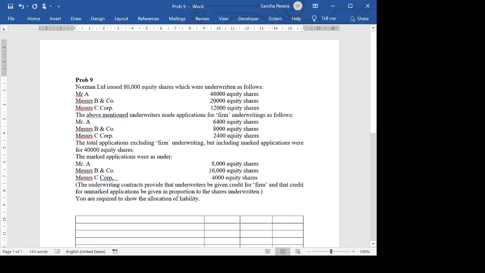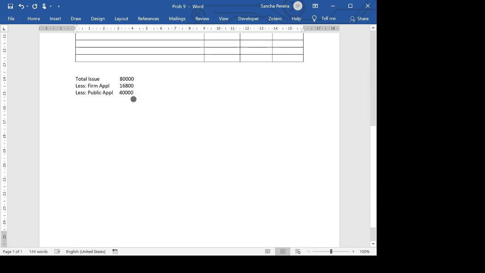Okay, I think I'll just check this again. 8,000 plus 16,000, 16,800. Yeah. So basically the shares that have not been taken up by anybody, it is 80,000 minus 40,000 minus 16,800. We will get 23,200.